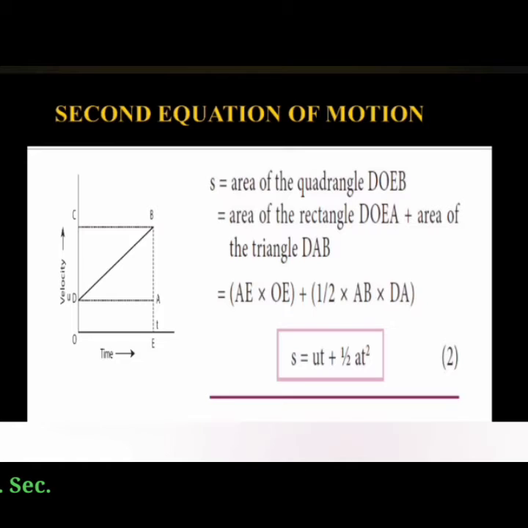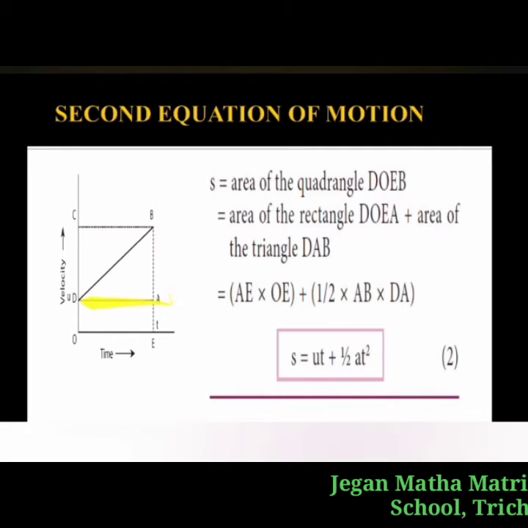Second equation of motion. From the graph, the distance covered by the object during time t is given by the area of quadrangle DOEB. Quadrangle means rectangle plus triangle.